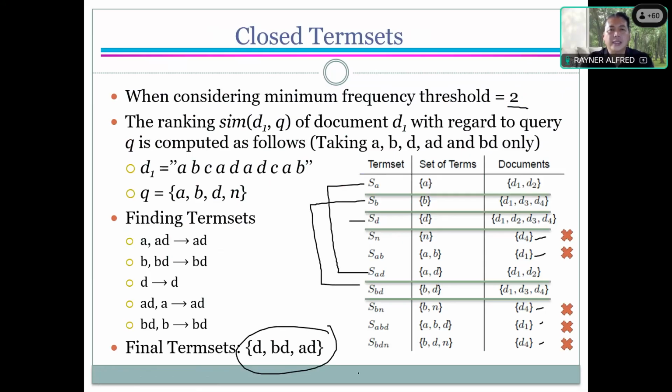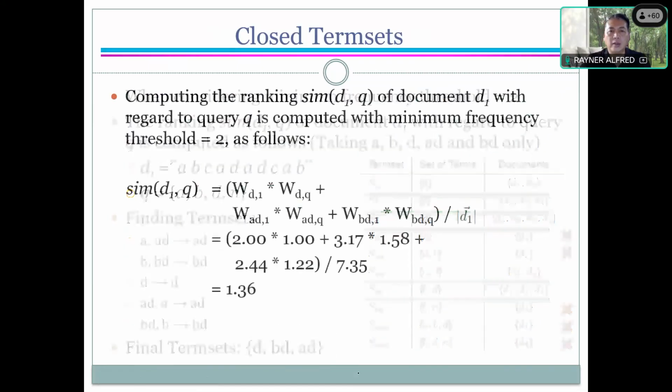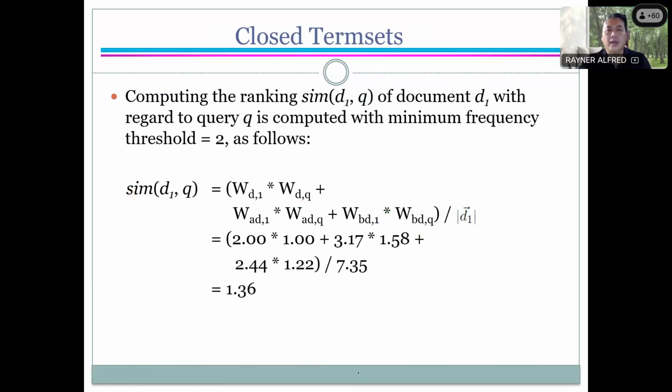Okay. So this implies that the threshold for the frequent term set is 2, and we are also using closed term sets. So at the end, we only have 3 term sets that we use to calculate.